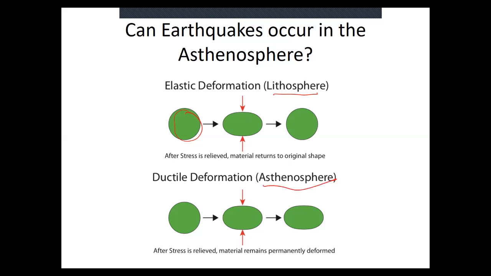However, the asthenosphere deforms ductilely, where if you change its shape, it remains permanently deformed. It doesn't return to its original shape. Therefore, earthquakes cannot happen in the asthenosphere because that elastic potential energy is not stored. And the thickest lithosphere is where there are mountains, and it's about 100 kilometers thick. So in theory, earthquakes can only occur up to a depth of about 100 kilometers.